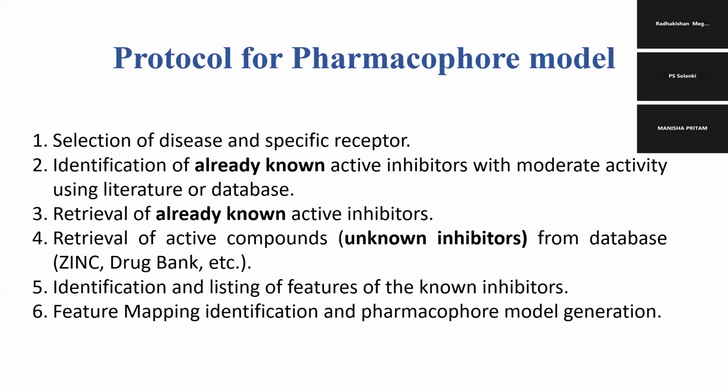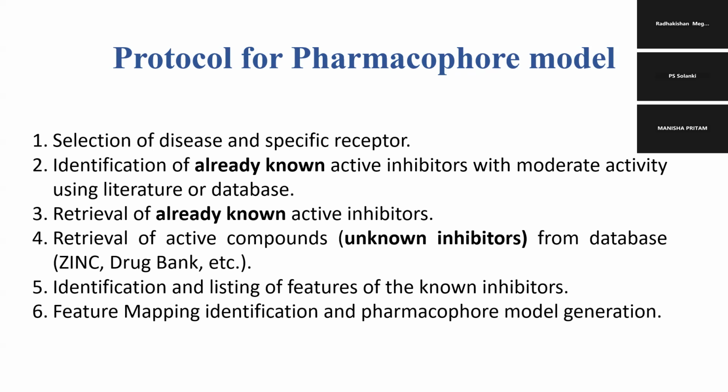So whenever you are going to perform an experiment or design a project, you have to keep in mind that if it's a pathogenic disease, you have to select either a pathogen protein or a host protein. So in both cases, you can select proteins. One of them could be a receptor, or you can use it as an inhibitor.